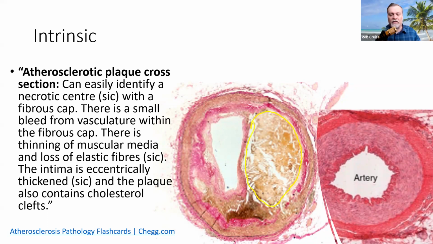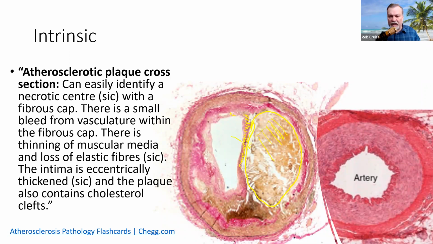So there's cholesterol and some other things in here, and they're dying off. They don't have blood supply because it has a fibrous cap on it. So this is necrotic. Next, we have the fibrous cap that we just mentioned right here. Okay, and that sort of seals everything in underneath it.